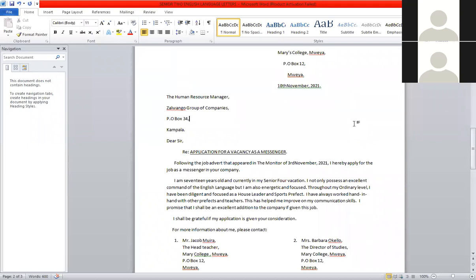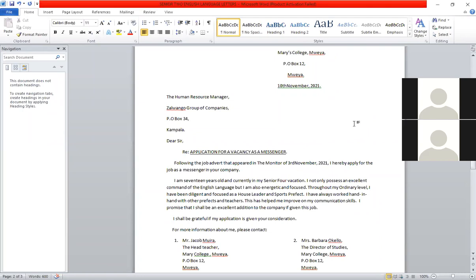You can use madam for examination purposes. But in future, when you're applying for a job, in most cases you need to do research. Who is this person I'm writing to? Is she female or male? But there are times when you don't know the gender.